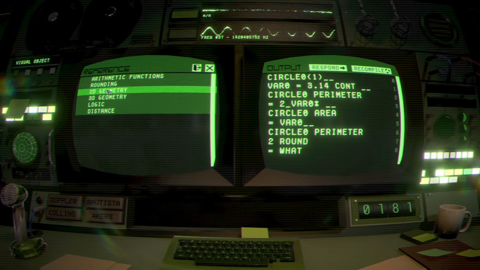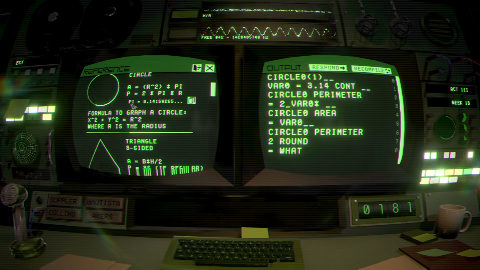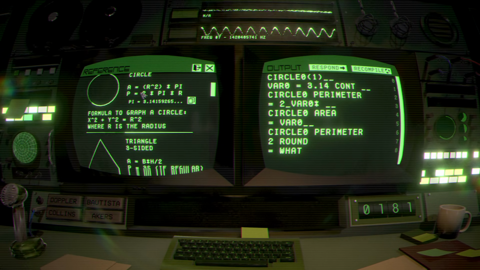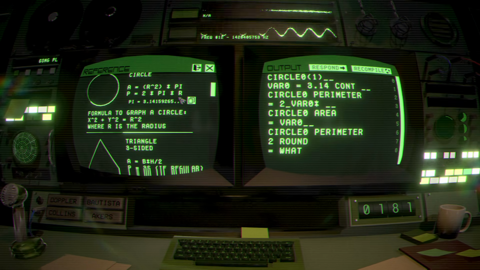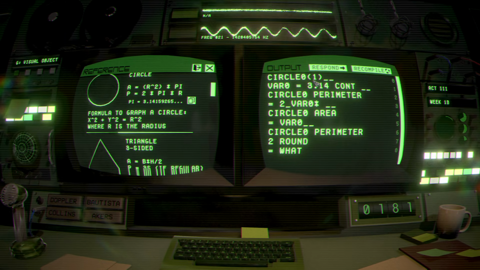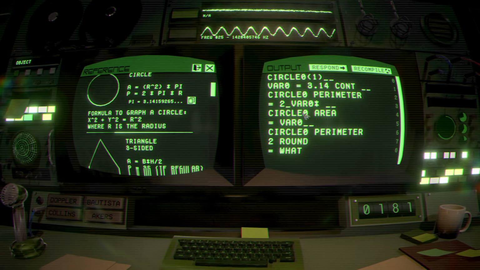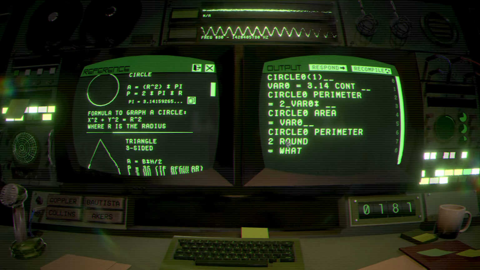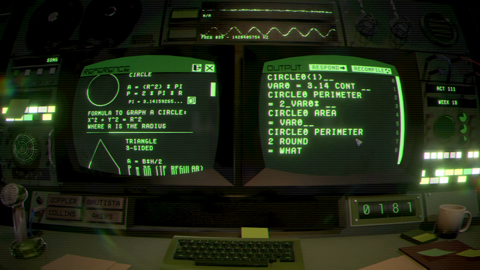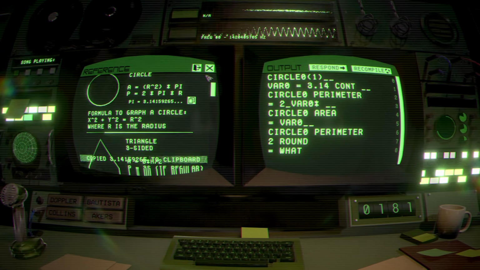If we go for 2D geometry... Oh, I see. They're just saying 2 times pi times radius, but because the radius is 1, they don't care. So circle 0 perimeter, we already established, is just 2 times pi.